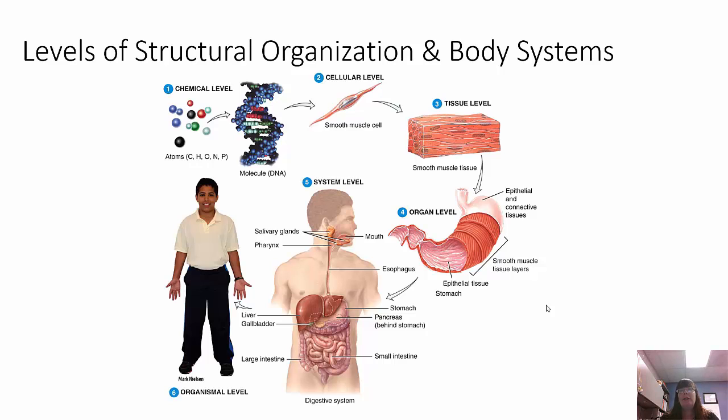Cells then combine to form tissues, like a smooth muscle cell would form smooth muscle tissue. Tissues combine to form organs, like the stomach, for example. Some muscular layers there. Organs develop into organ systems. They all combine, so you have multiple organs in an organ system. And then, of course, the organism.